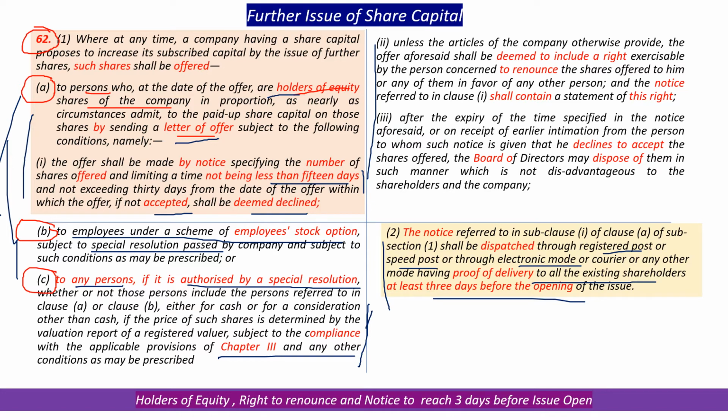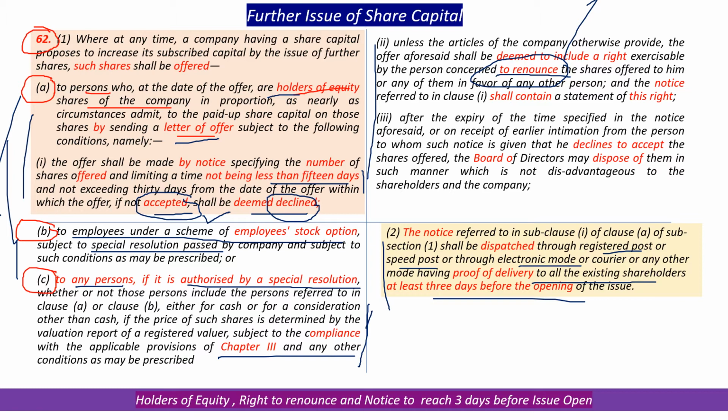This offer will also be accompanied by a renouncement part of it. The existing shareholder can accept the shares fully, he can reject the shares fully, or he can accept partially and renounce partially in favor of a third person.